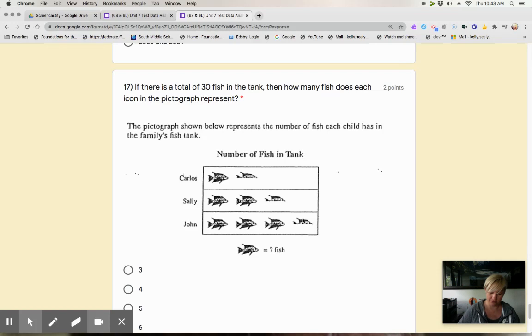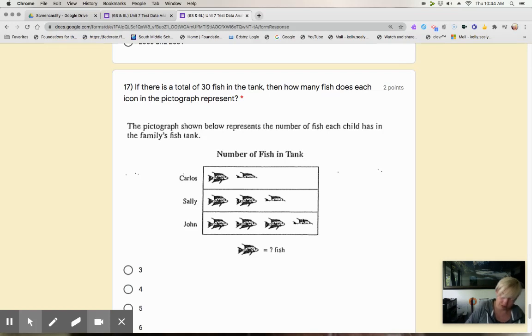Let's try 3. 7.5 times 3, and what do I get? 22.5 is what I get when I multiply 7.5 times 3. I can tell that that is exactly 7.5 away from 30, so it must be 4 times that I need to multiply 7.5 by.